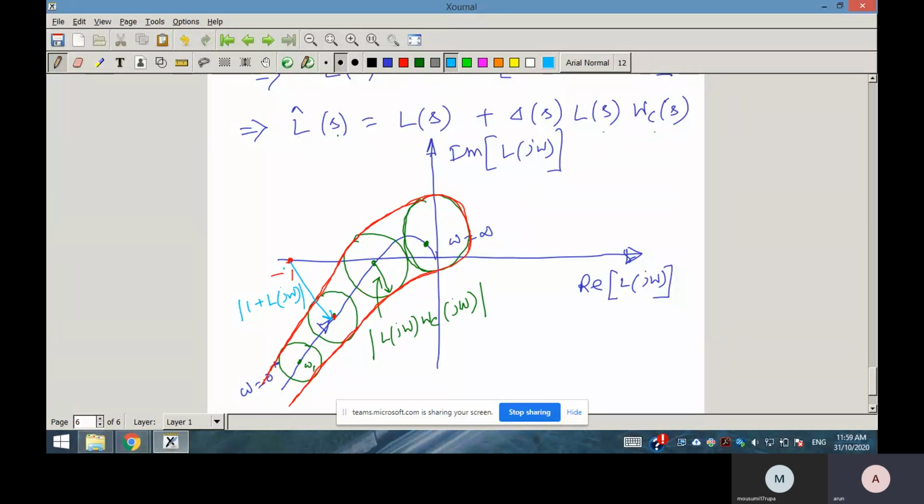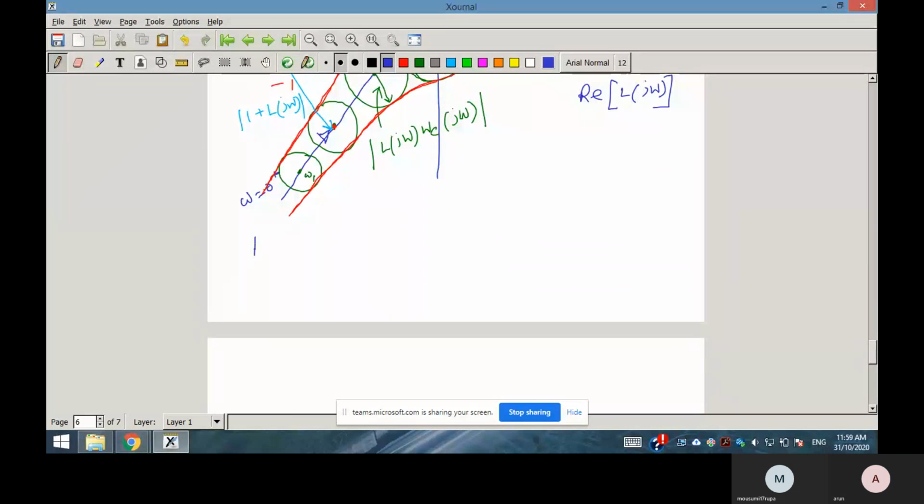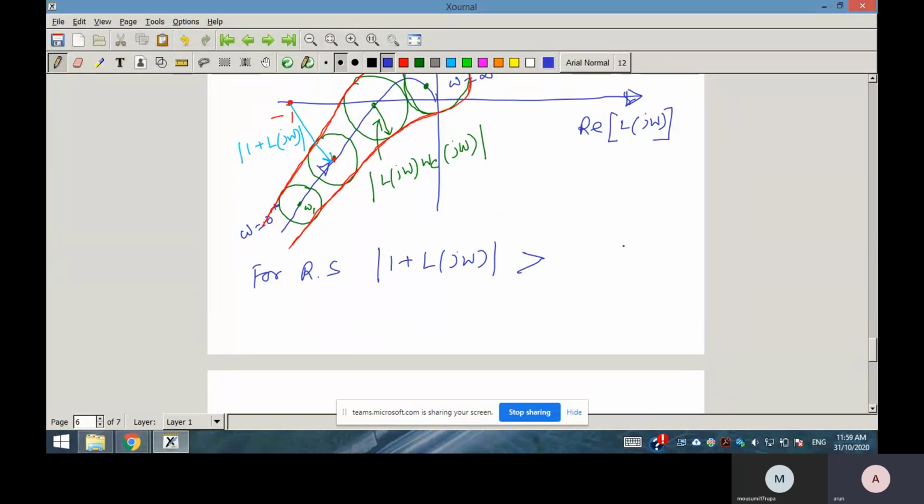So for robust stability, mod of 1 plus L j omega should be more than the radius of this disc, that means mod of L j omega into W c j omega.